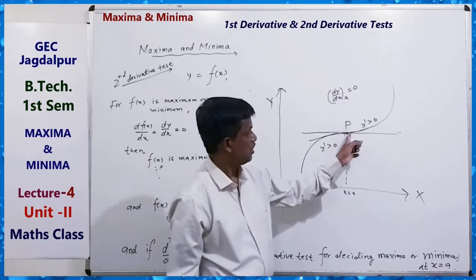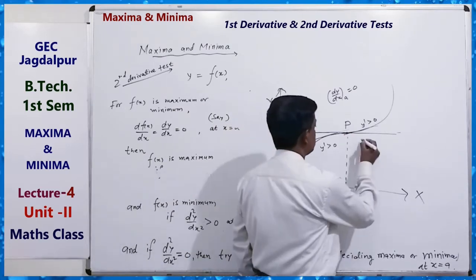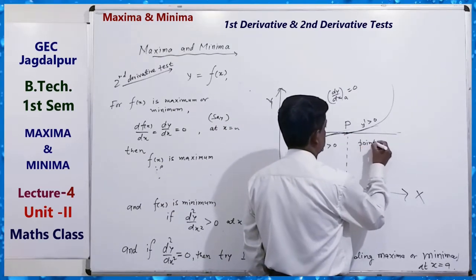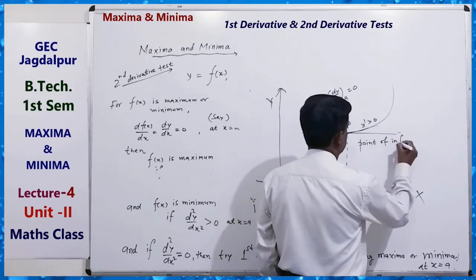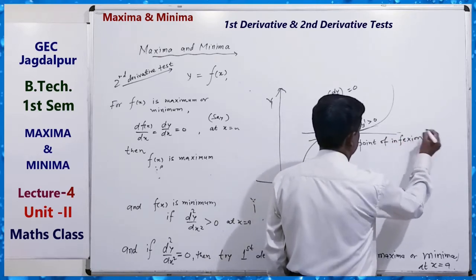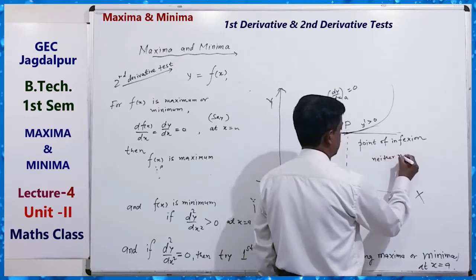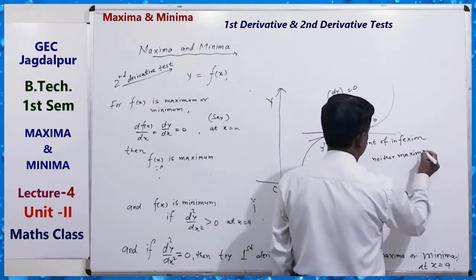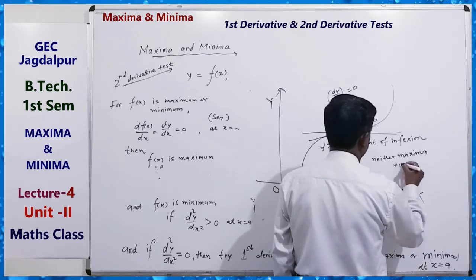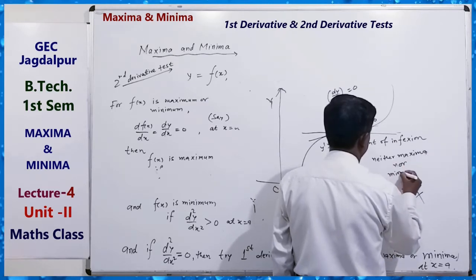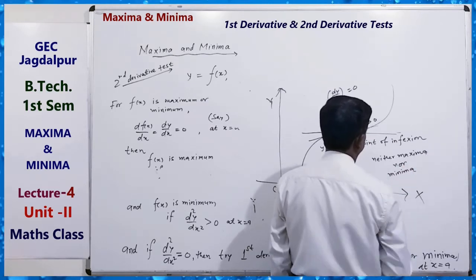So this type of point is called a point of inflection, a point of neither maxima nor minima.